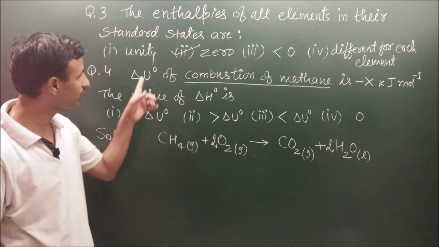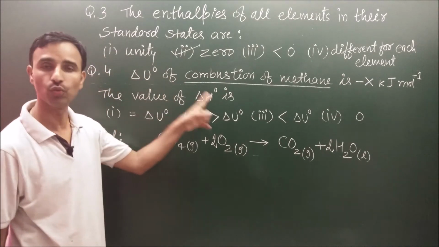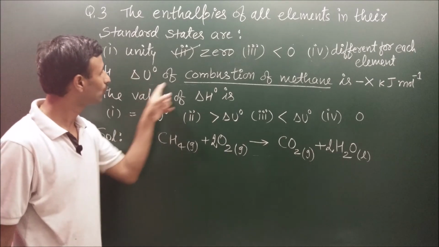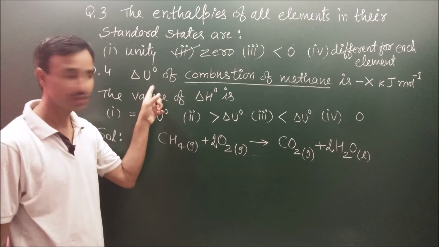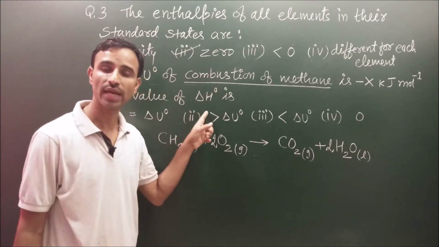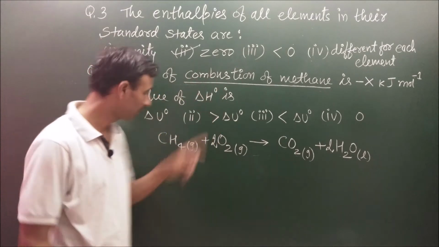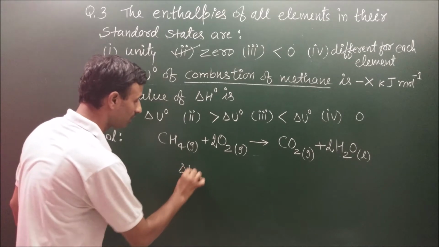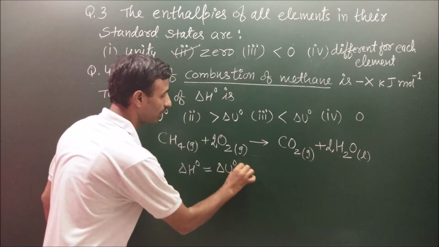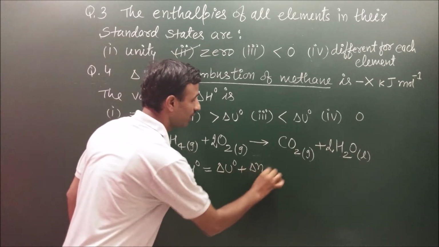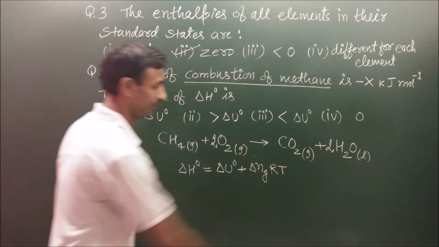Now what is the relation between delta H and delta U? You know, delta U naught is standard internal energy change. Delta H naught is standard enthalpy change, and they are related as delta H naught is equal to delta U naught plus delta Ng RT.